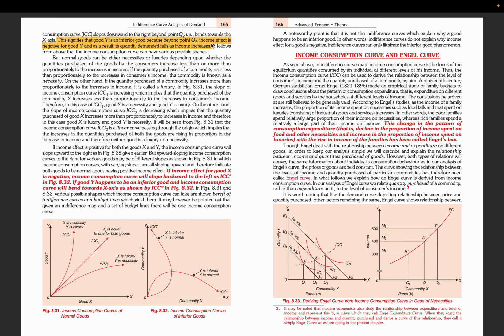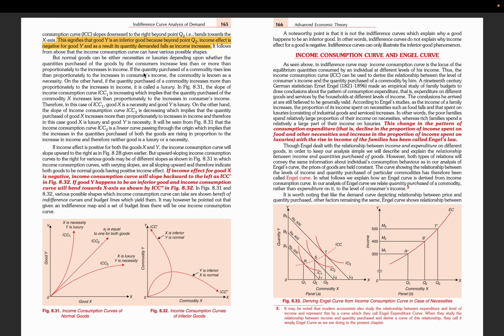Okay, same kind of process explained for Q2. But normal goods can be either necessities or luxuries depending upon whether the quantity purchased of the goods by the consumer increases less than or more than proportionately to the increase in income.